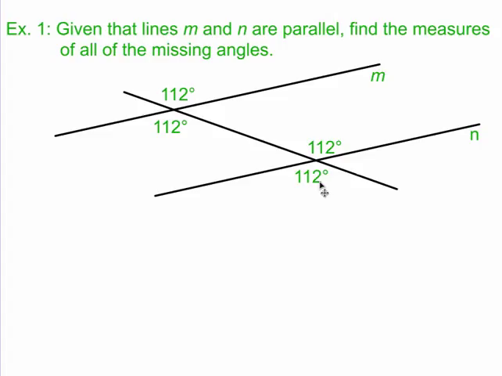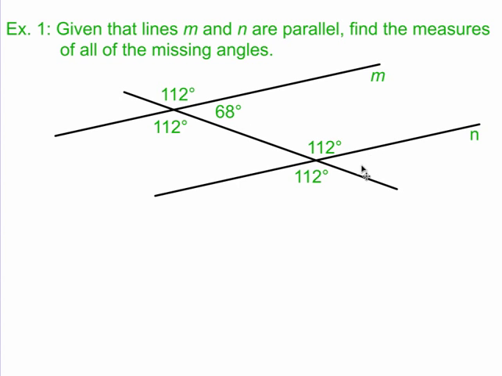So now I still have four other angles I need to figure out. Well, using consecutive interior angles, I know that 112 and whatever's over here have to add up to 180 degrees. Well, 180 minus 112 is 68 degrees. So if this one's 112, then this one's 68. Now that I know that, I can find out all of my other angles.